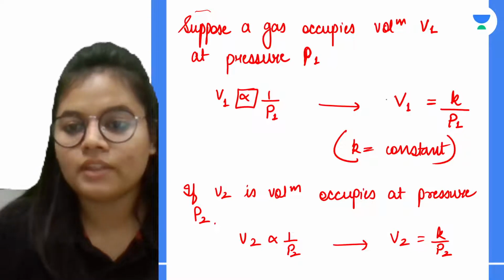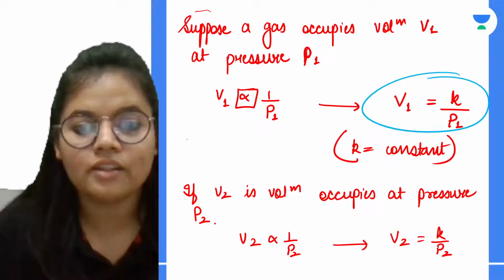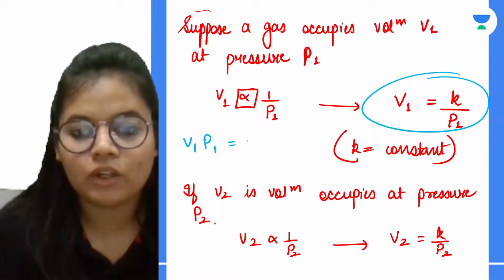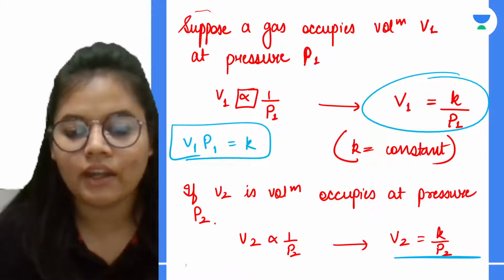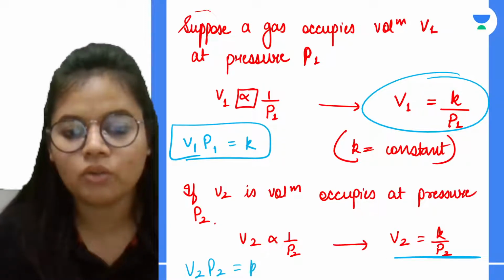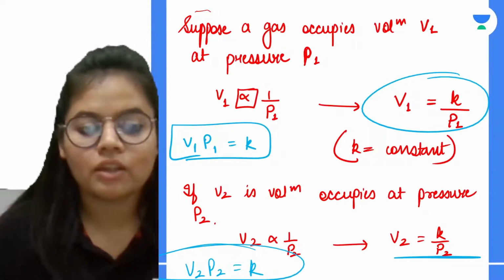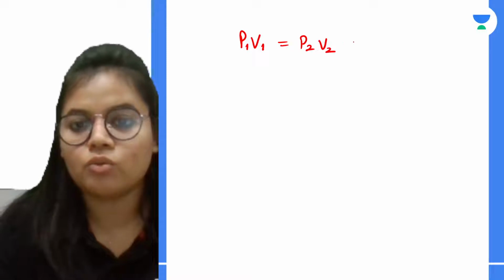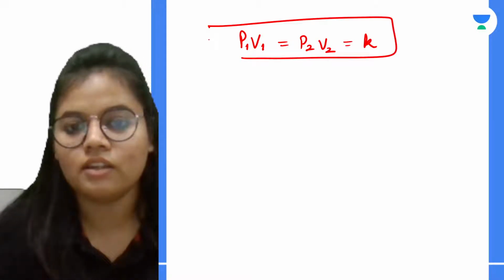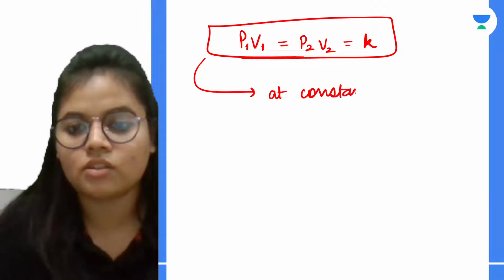So from equation number 1 and 2, what can we write? From this equation I can write V1 P1 is equal to K, and from this one I can write V2 P2 is equal to K. So when I equalize both these equations, what I would get is P1 V1 is equal to P2 V2 is equal to constant, and the condition is at constant temperature.